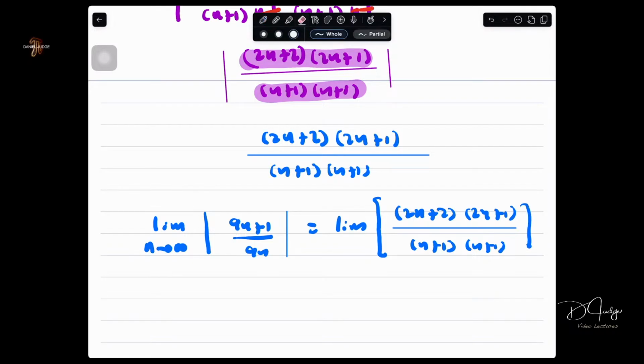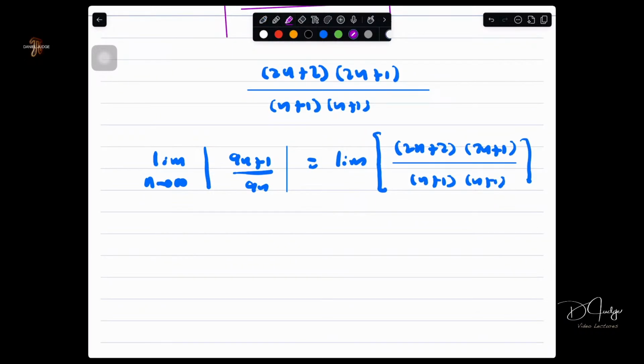Now, let's write this a little better. I think we could use, again, some algebra here.